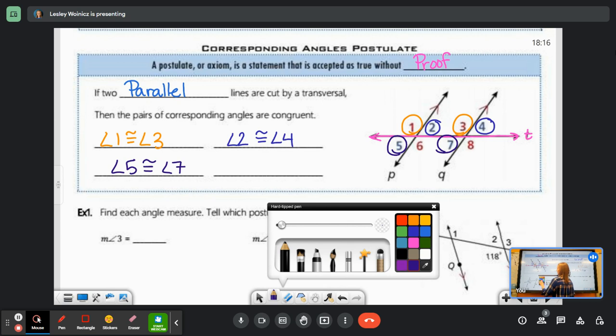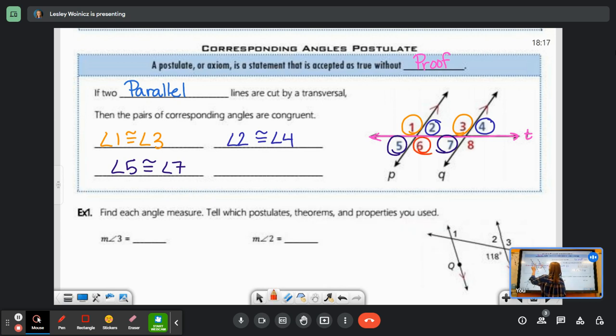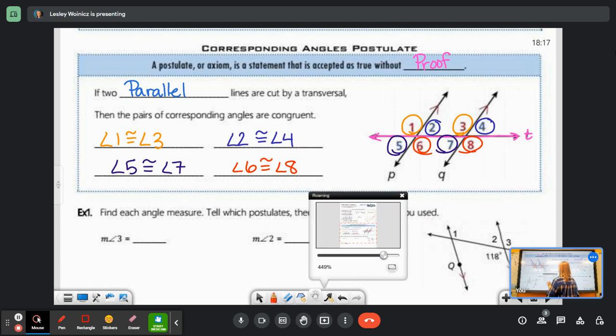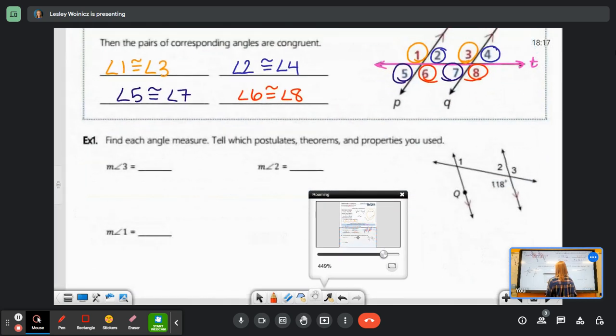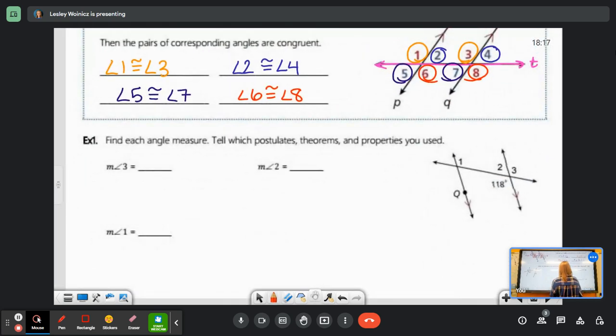And the last one, angle 6, is congruent to angle 8. Okay, so each of the corresponding pairs are congruent. So for this bottom one, we have to find each angle measure, and then we're going to tell which postulates, theorems, and properties we used.